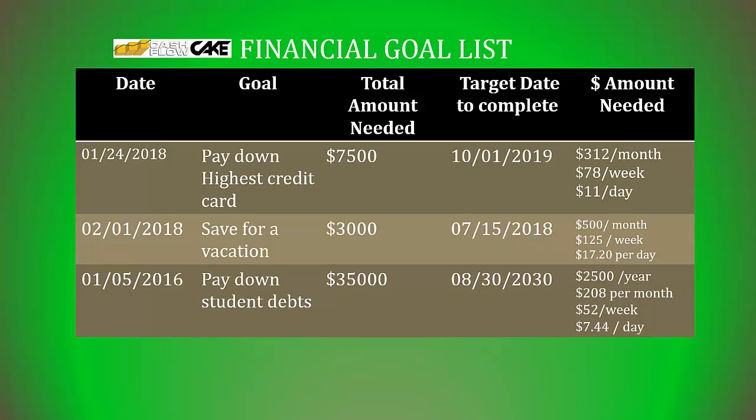So I really do think that it helps to write out goals so that they're specific, they're smart, and they check if they're realistic. You'll put a date on them, divide it out, and see if that's something that you can do. Writing your financial goals doesn't always have to be a dollar amount either.